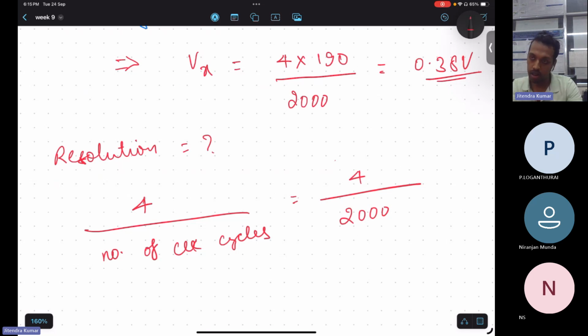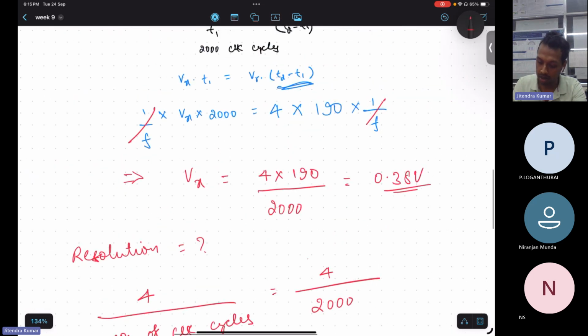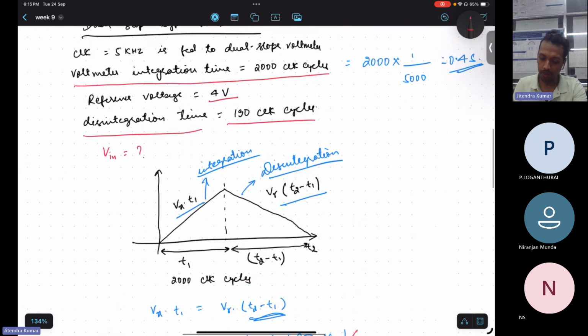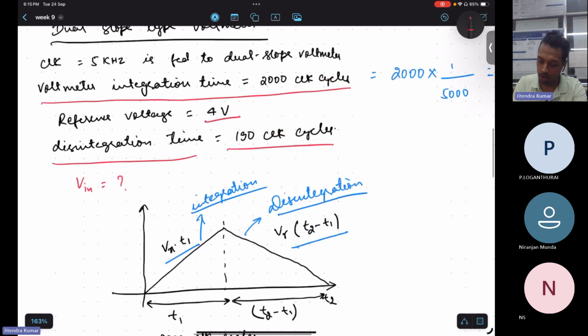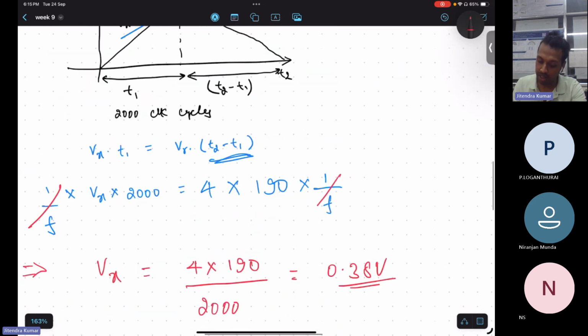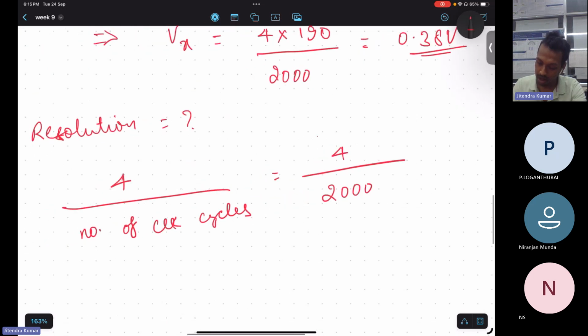Okay, so why are we selecting 2000? Why are we not selecting 190? We had to disintegrate the total 4 volt with 190 cycles, but here we are considering 2000.